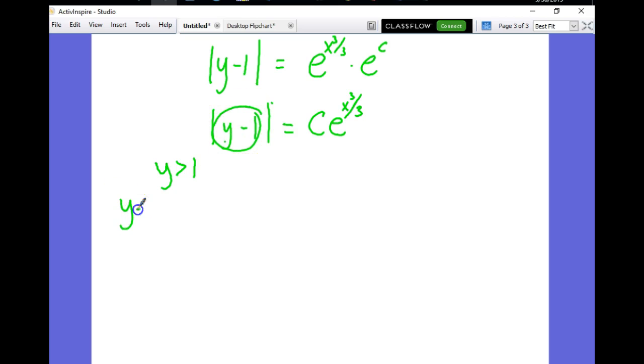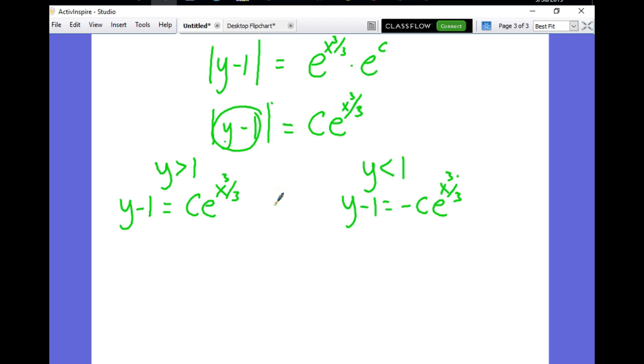Which means in that case, y minus 1 will just be the positive version of our expression that we have here. But for anything where y is less than 1, the absolute value will change its sign, right? And in that case, that means that y minus 1 would be equal to the opposite sign of what we have over here.